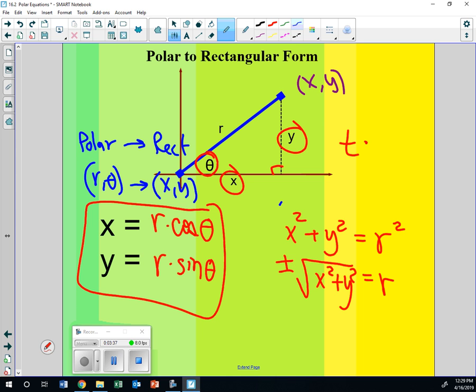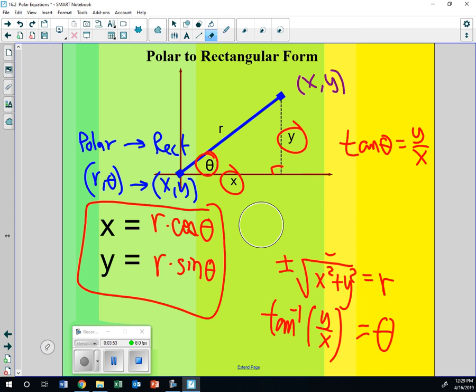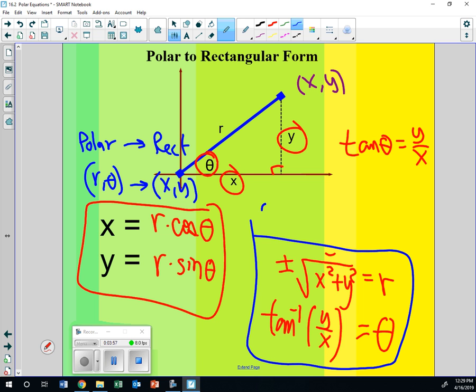Tangent, yeah. Tangent of theta is opposite over adjacent. So theta is going to be the inverse, there's our inverses again, of y over x. These formulas here are what we call going from x, y, those are my knowns, right, to r, theta, which is going to be rectangular to polar.